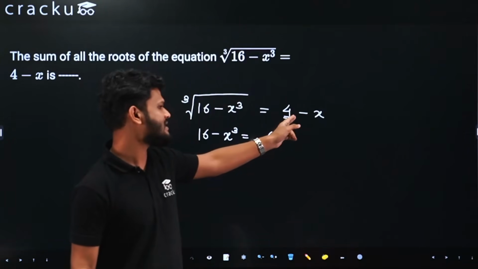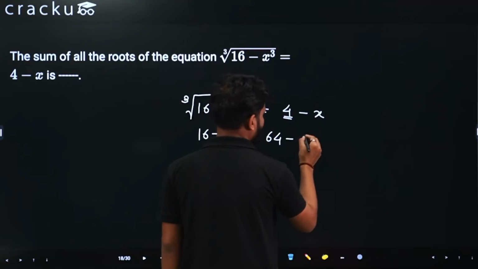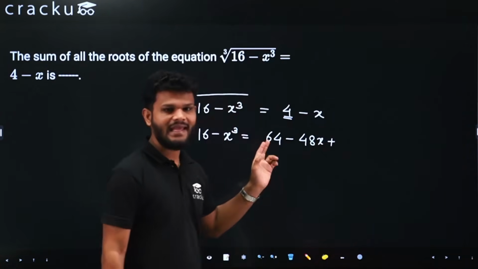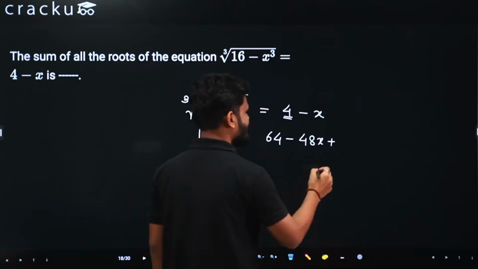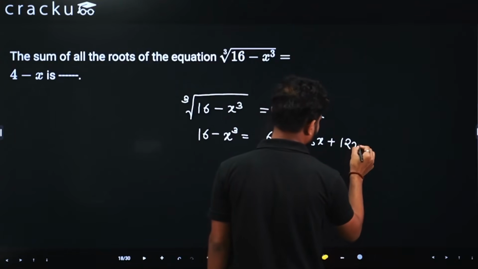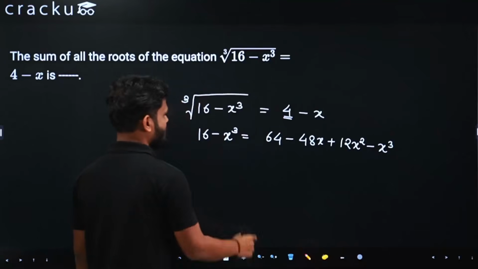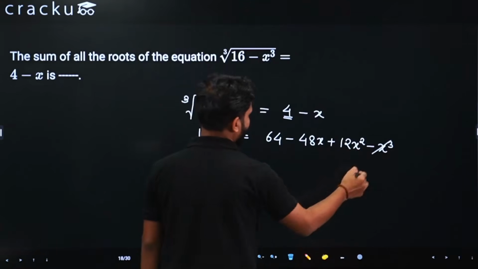So a squared is 16, 16 into 3, 48x, plus 3 into a b squared. So this will be 12x squared minus x cube. So x cube will get cancelled.